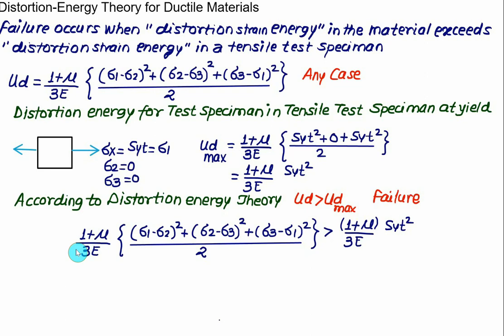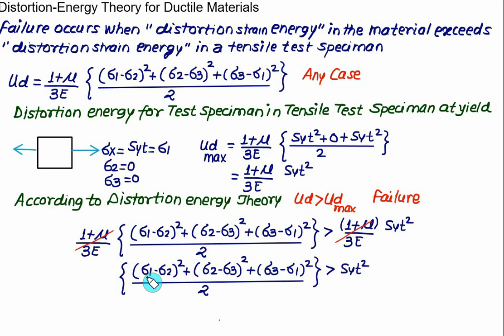This term is common on both sides, so it will get cancelled. So finally we are left with (sigma 1 minus sigma 2) whole square plus (sigma 2 minus sigma 3) whole square plus (sigma 3 minus sigma 1) whole square divided by 2, compared with SYT square.